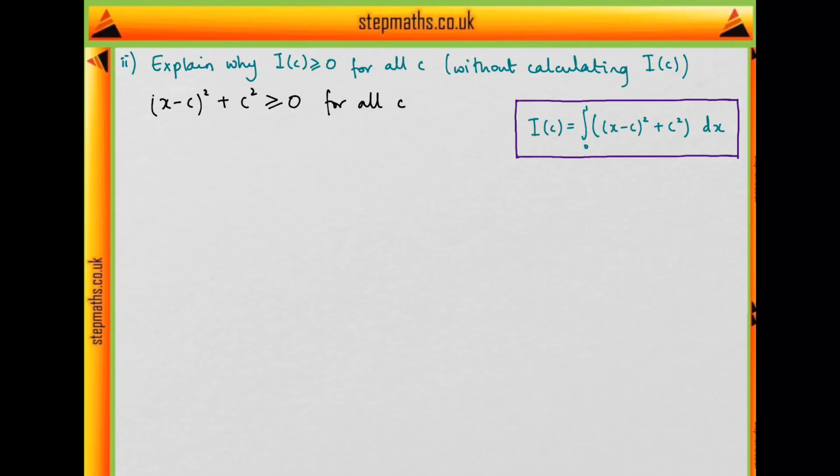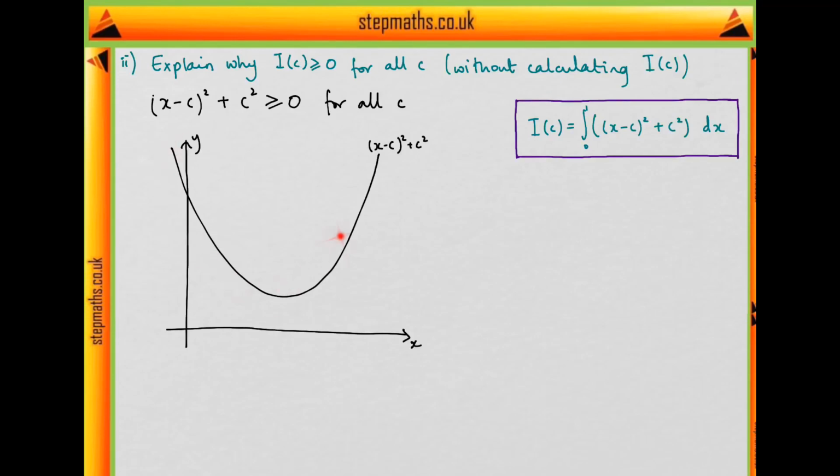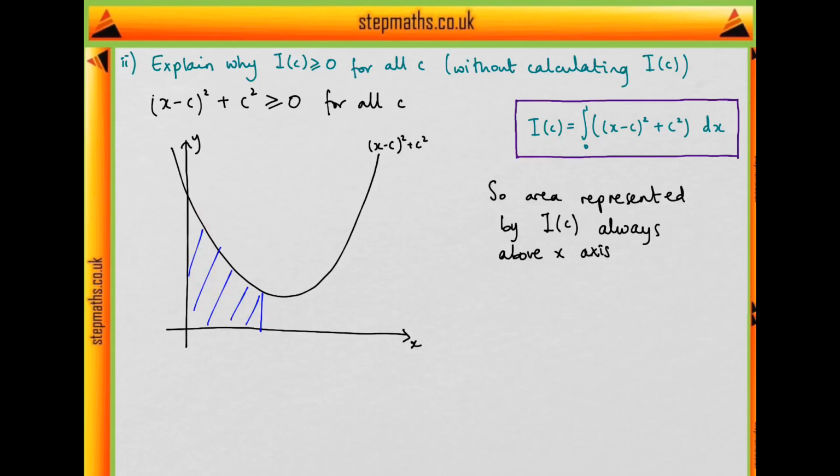So the function that we're integrating is always greater than or equal to 0, and so it's always going to lie above the x-axis, and so the area that we're looking at is always going to lie above the x-axis, and therefore our integral is going to be greater than or equal to 0.